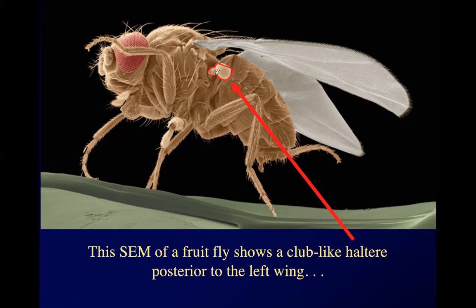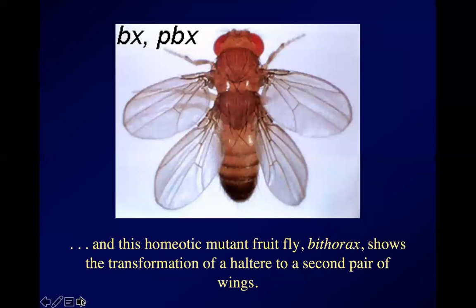And as I mentioned, they've got something to do with control of orientation and balance in flight. And this homeotic mutation was discovered that converts the haltere into a wing. This mutation is called bithorax. And, well, again, you see it. The halteres have been transformed into a second pair of wings.